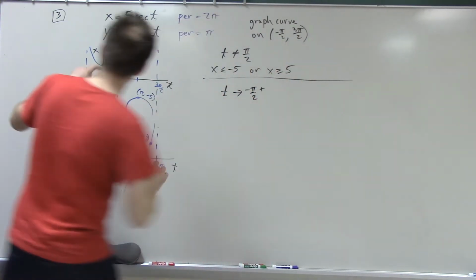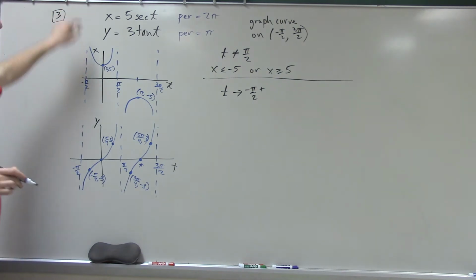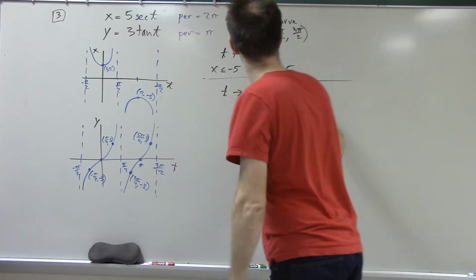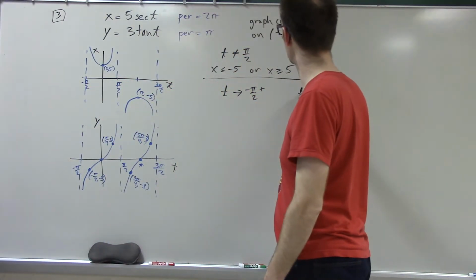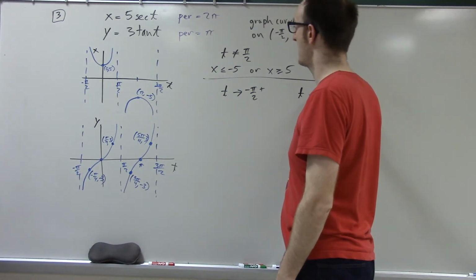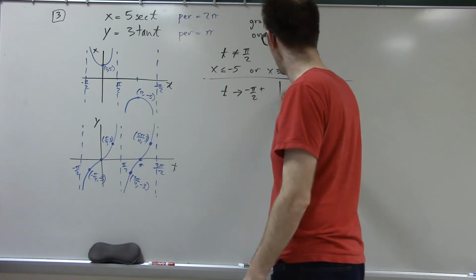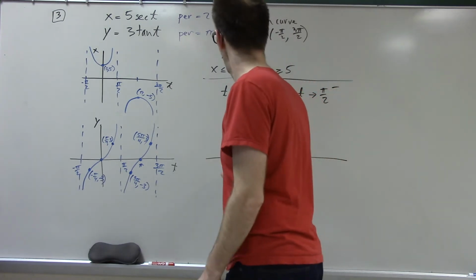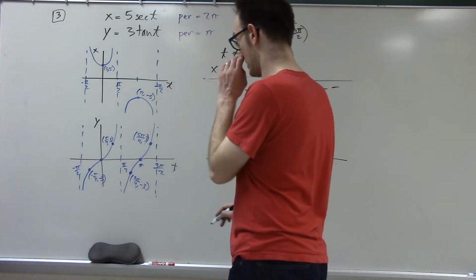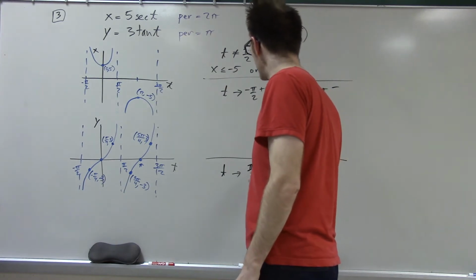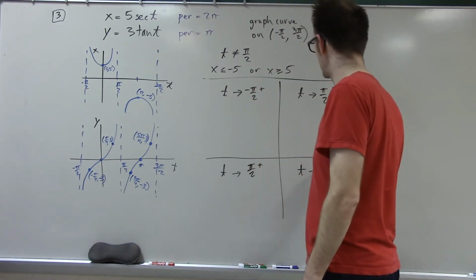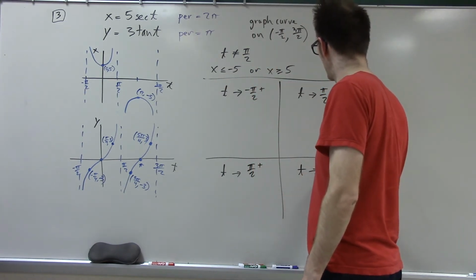In other words, when I'm a little bit more than negative pi over 2, what's going on? And then we are also going to investigate what happens as t approaches pi over 2 minus, and then also what happens as t approaches pi over 2 plus, and what happens as t approaches 3 pi over 2 minus.